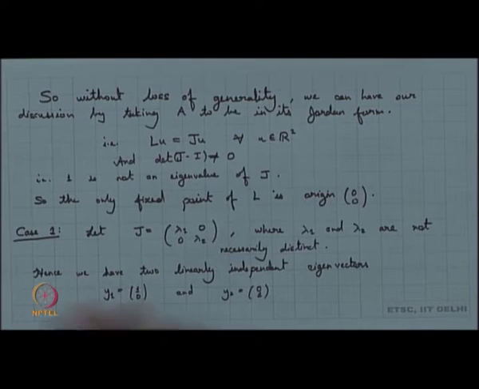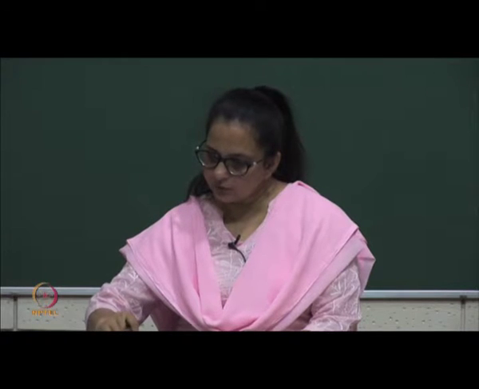Now, even in this case, we can have several sub cases, and the sub cases depend on the values of lambda 1 and lambda 2. So, let us look into the first sub case.